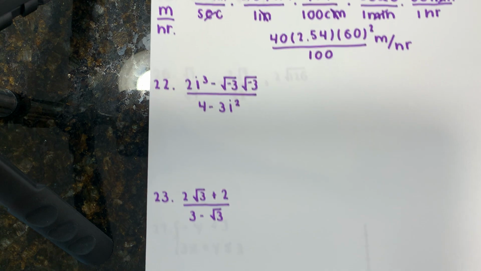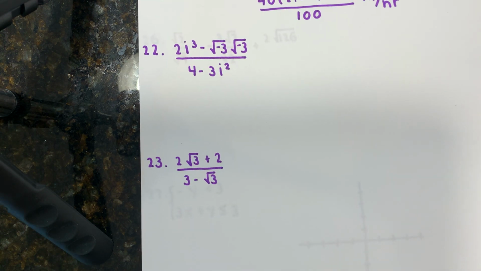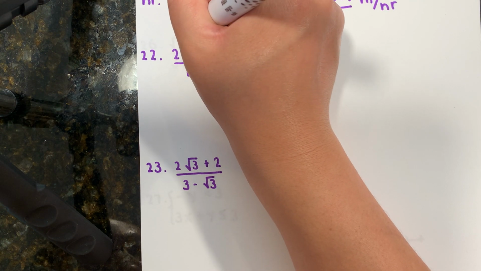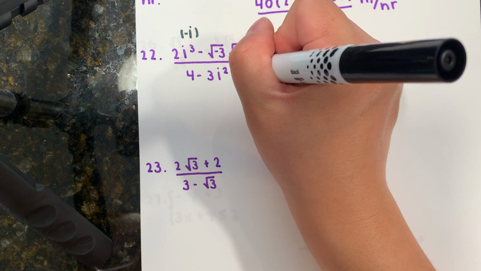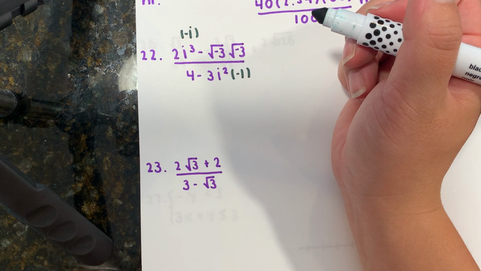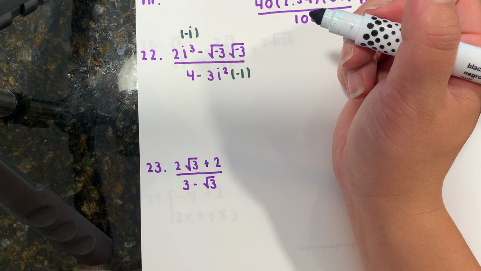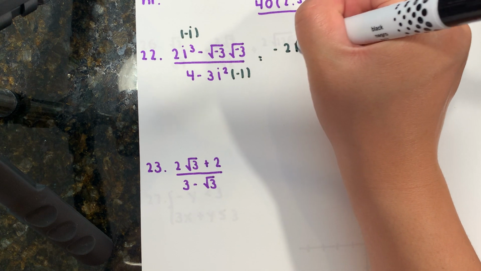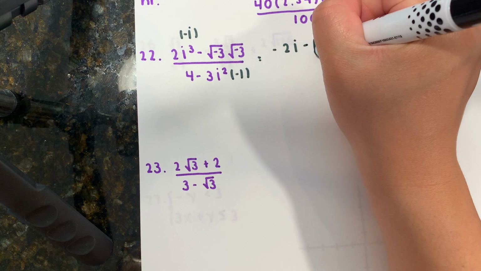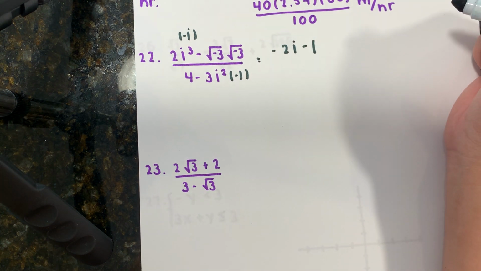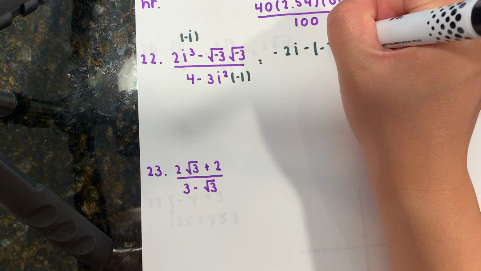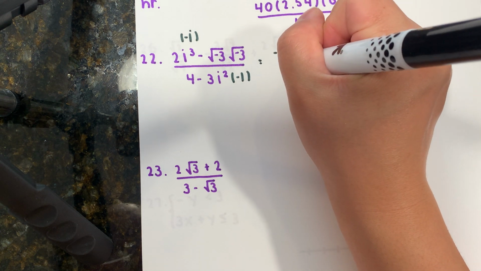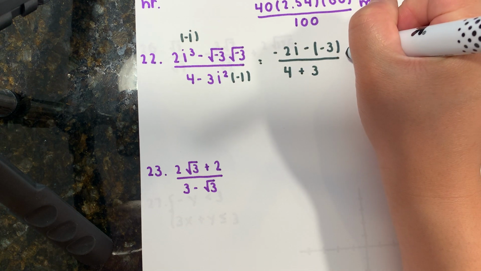Okay, now number 22, i to the third is equivalent to negative i. i squared is equal to negative 1. So you would have negative 2i minus, when you multiply the same number in the square root, it just becomes that number, which would be negative 3 over 4 plus 3.